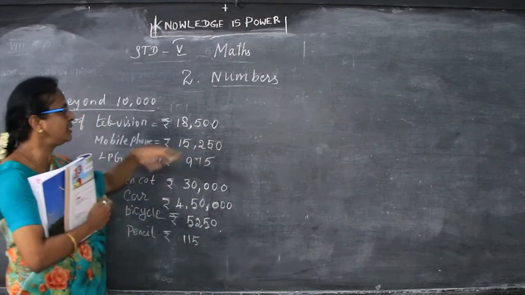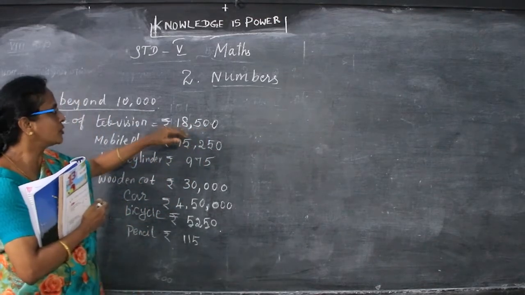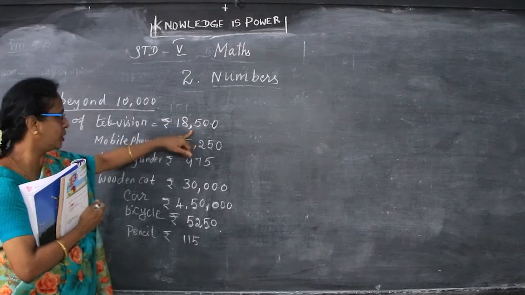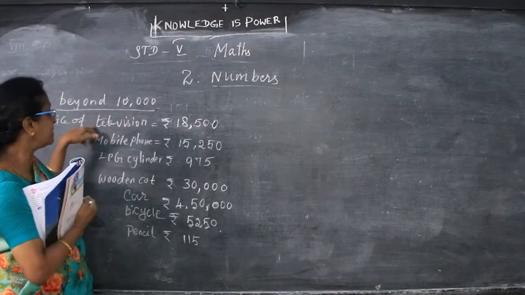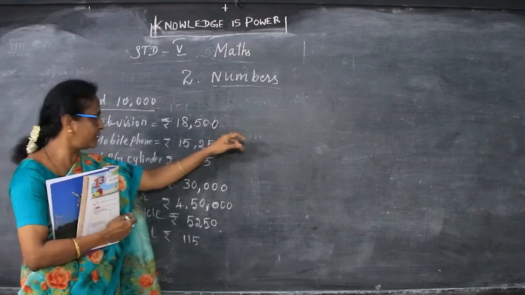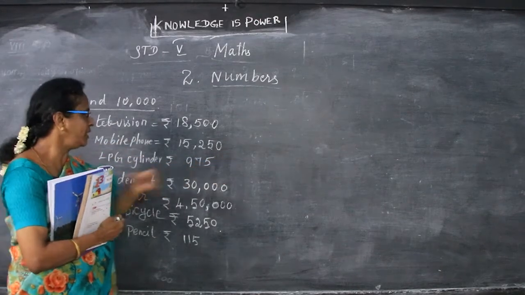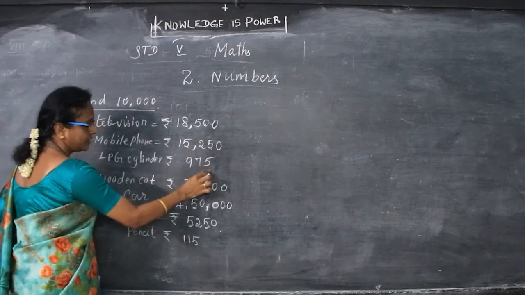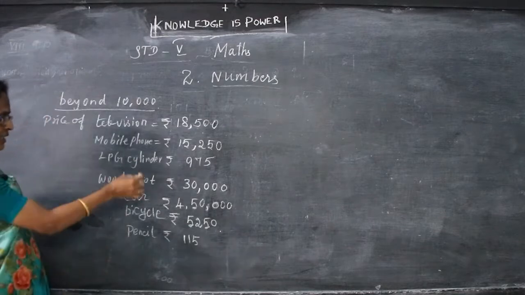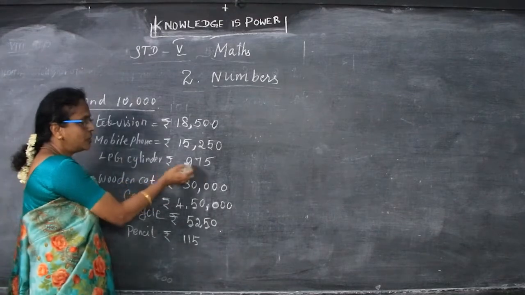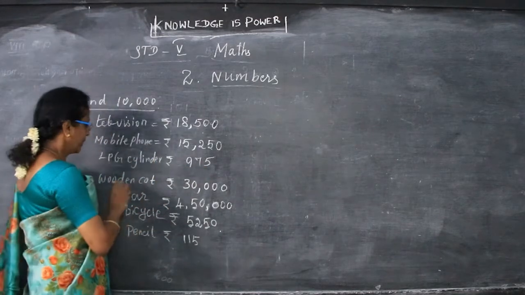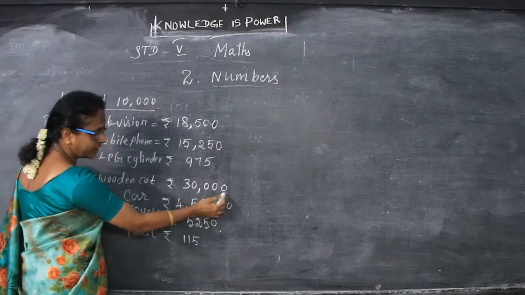And after that you see ones, tens, hundreds, thousands. So how many thousands are there? 18,000. So the price of a television is 18,500, a mobile phone is rupees 15,250, and a cylinder is 975. Only 3 digits, no numbers in the front, so no need to put the commas. Then the wooden cot is rupees 30,000.